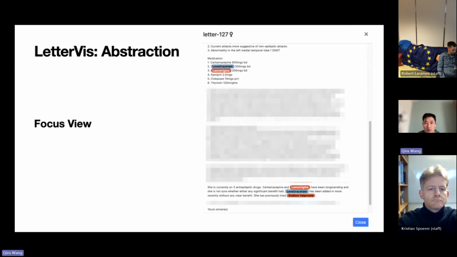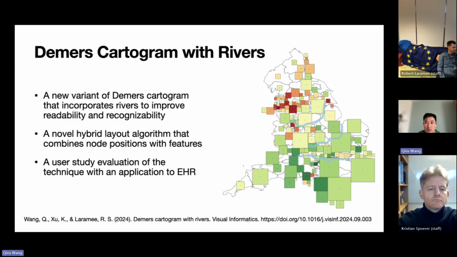And for Dorling's cartogram, one must balance between geographical accuracy and topological accuracy.